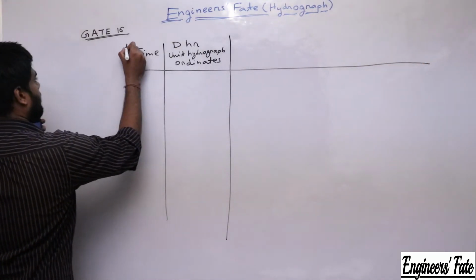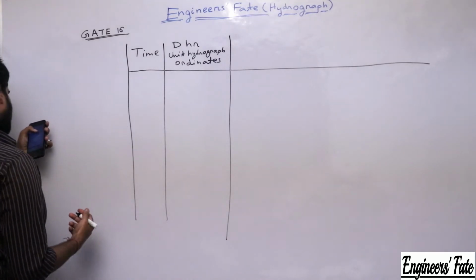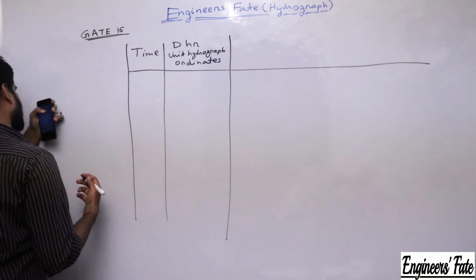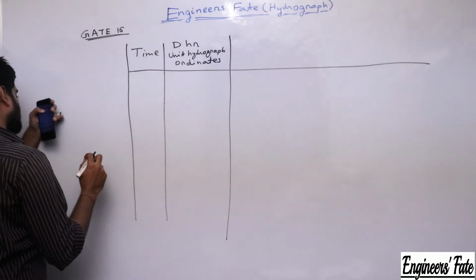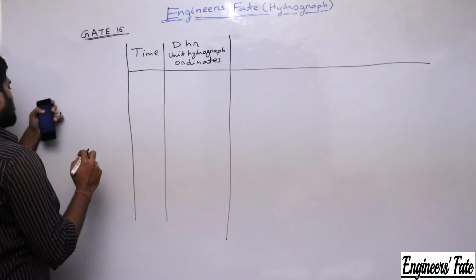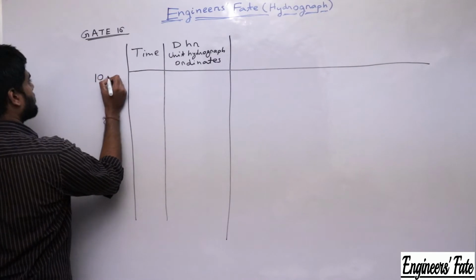So see how he has mentioned the time. You can read the question. A 2-hour storm of 4 centimeter excess rainfall occurred in the basin from 10 am, which means the hydrograph starts from 10 am.